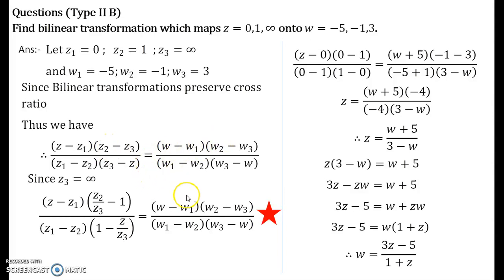You divide that and you get it done. So these two steps become very important over here. That's why I'm showing a red star over here. It's very important. Wherever you have divided, that part will become 0, and you can easily solve the further problem.